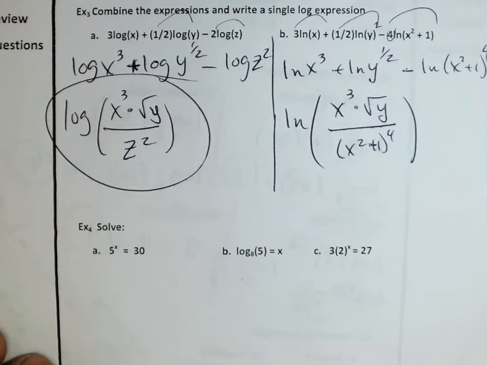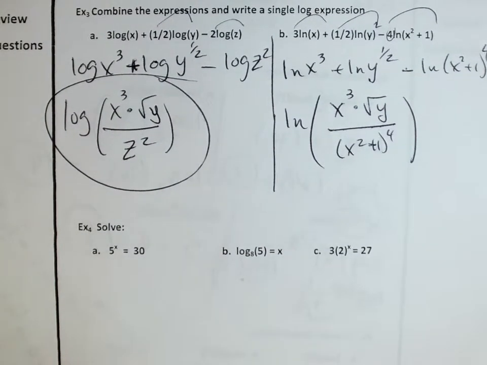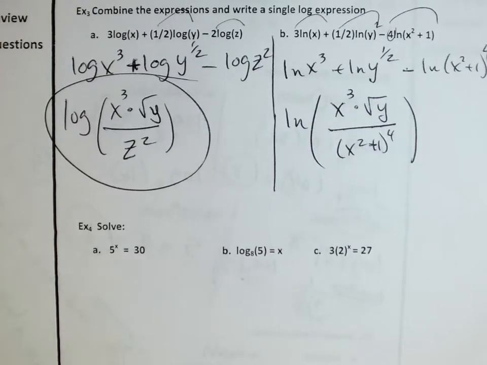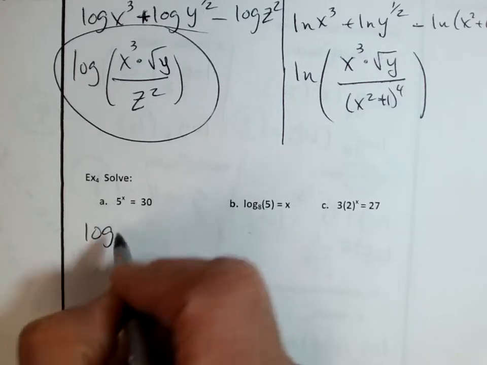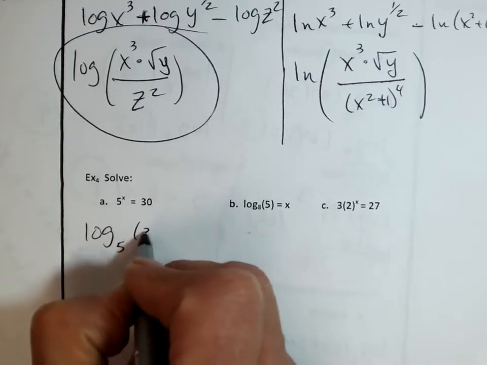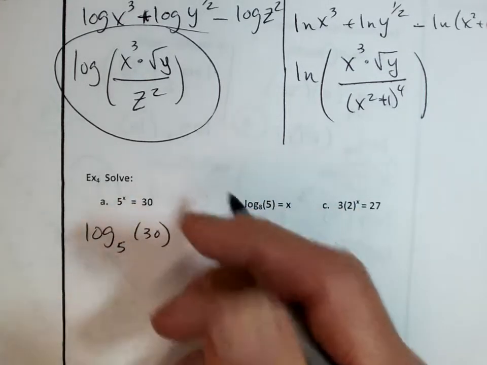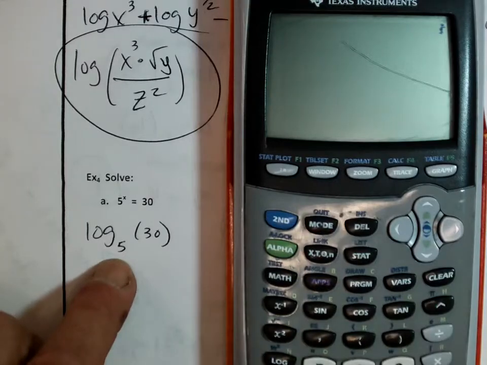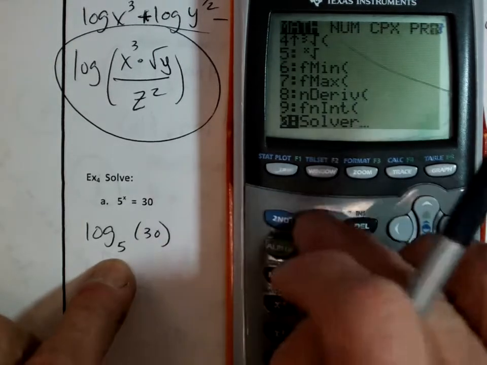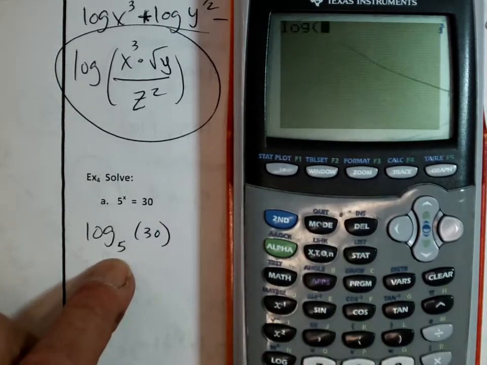Okay, you ready? Let's see if we can have a race. So, old school, I would change this to log base 5 of 30, right? You with me? And you guys could go find your calculator and try to go to the log base, but I'm just going to go real quick. I'm going to go log of 30 divided by log 5.